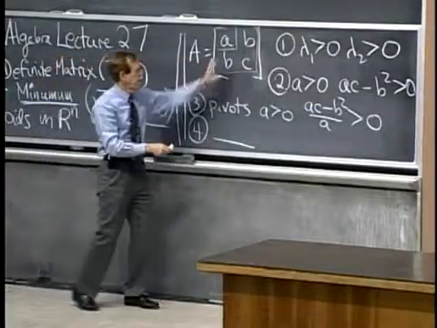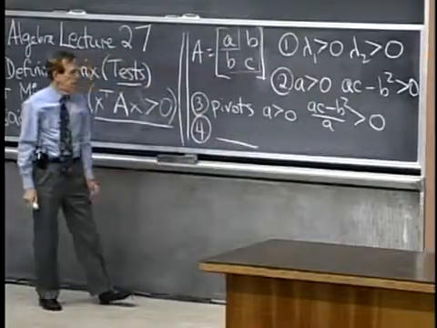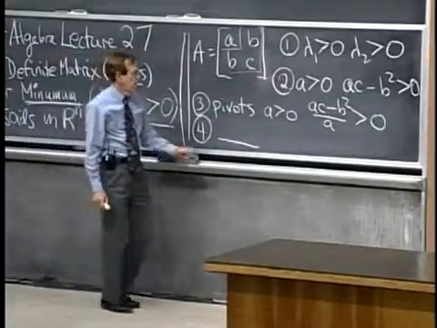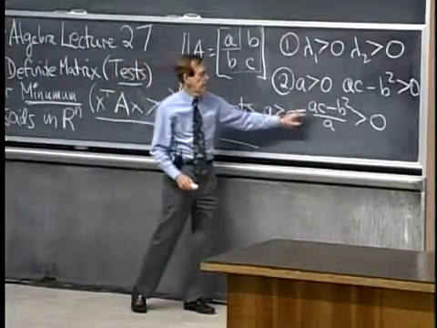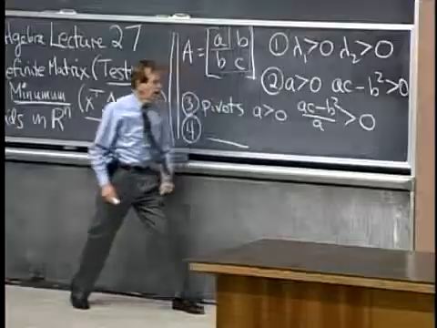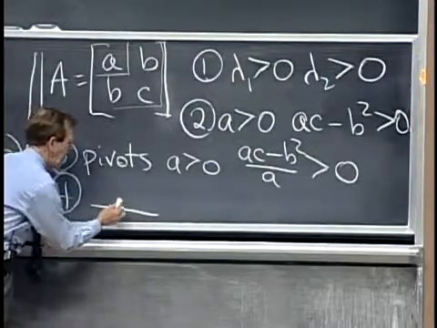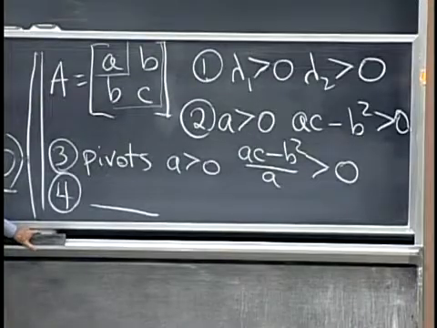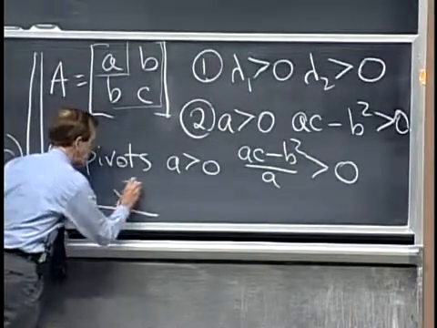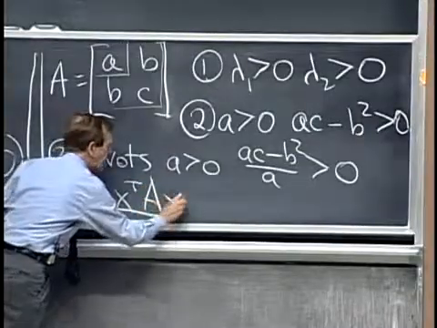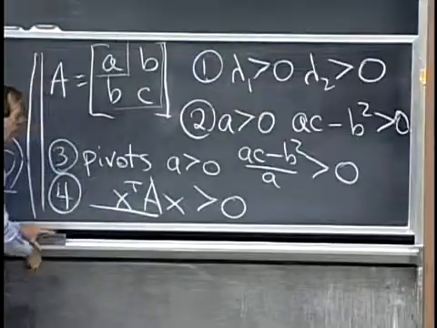The pivots of a 2 by 2 matrix are that number a, for sure, and since the product is the determinant, the second pivot must be the determinant divided by a. And then in here is going to come my favorite and my new idea, the one to catch: x transpose Ax being positive.